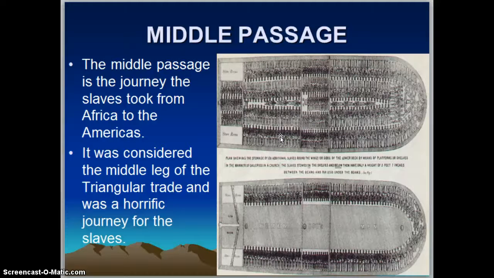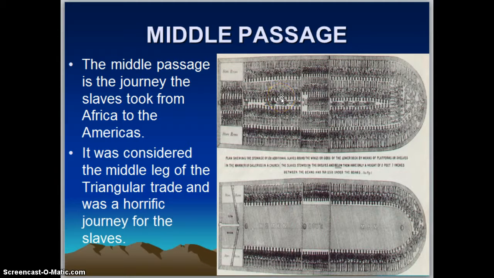So it was really a jam-packed experience, so to speak, for them. The European people tried to put as many Africans on each boat as they possibly could. They arranged them in such a way where you could not remove just one African from a plank. You had to take off an entire line.